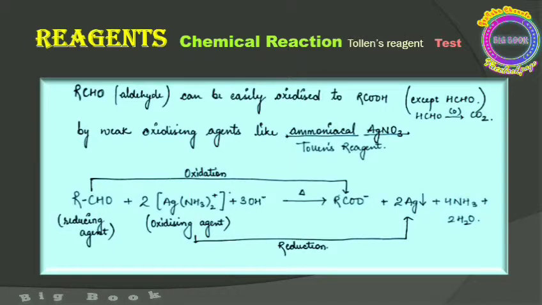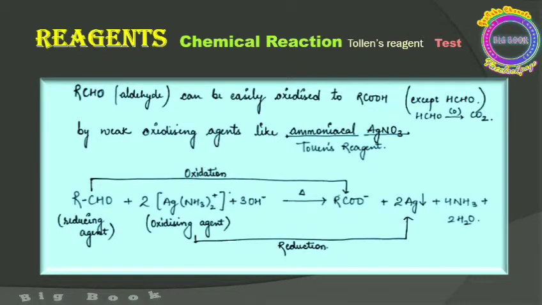R stands for any compound, which can be easily oxidized to RCOOH, the carboxylic acid. But here one thing you have to understand, the formaldehyde is not going to be oxidized to the carboxylic acid by Tollen's reagent. Formaldehyde readily reacts with the ammoniacal silver nitrate to give rise to carbon dioxide, but not to the carboxylic acid.